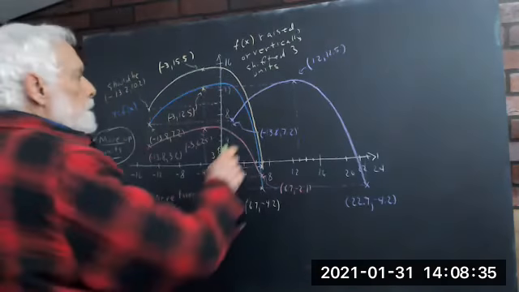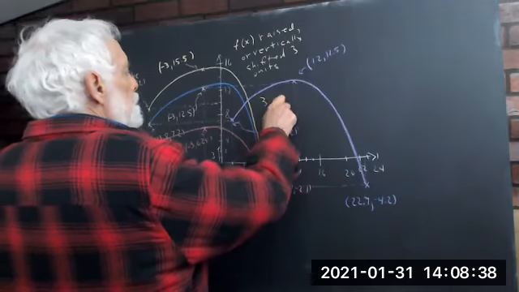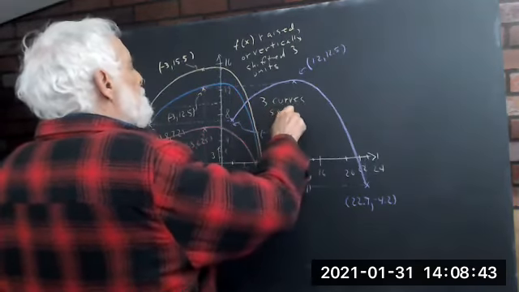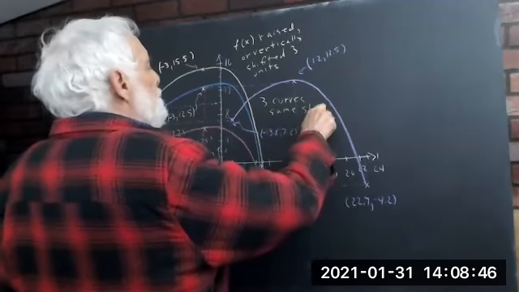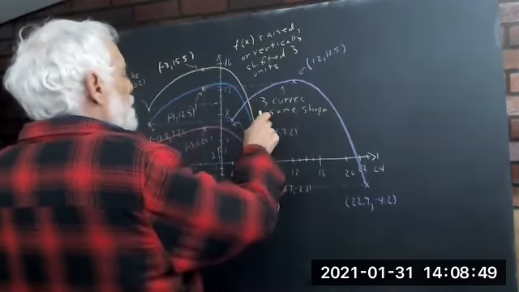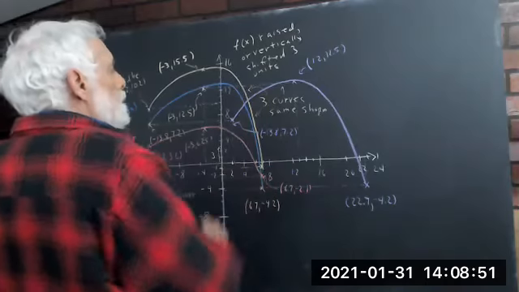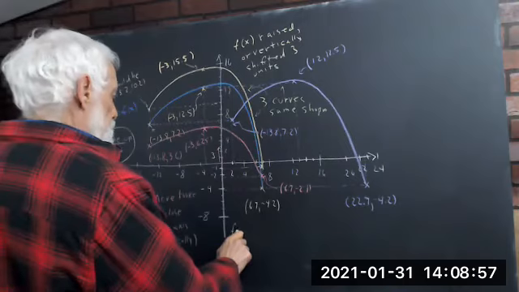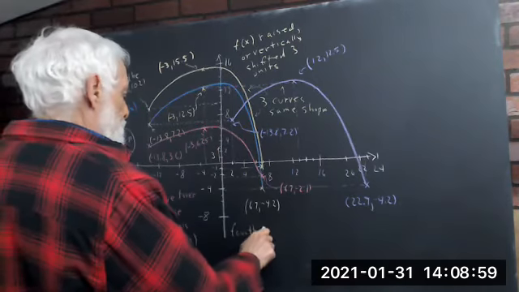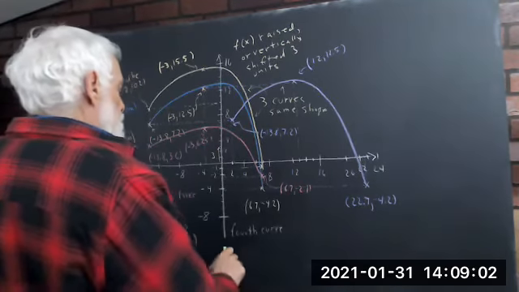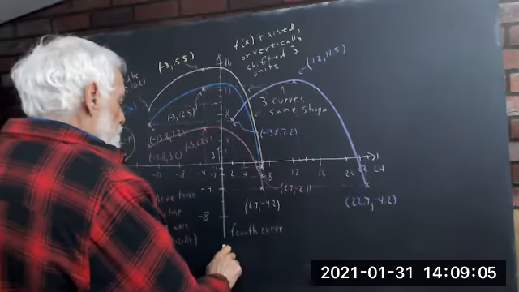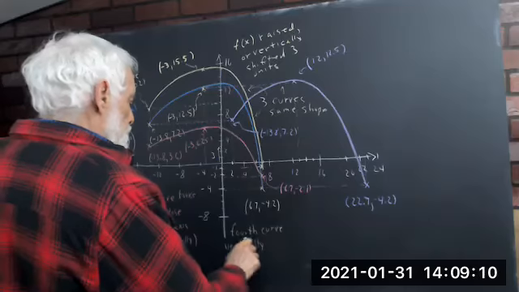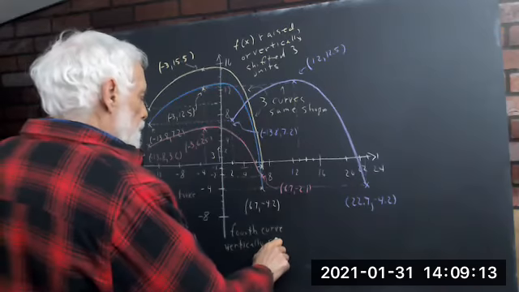Okay. So we have 3 curves here, same shape. And then we have a 4th curve. Like I said, that's vertically squashed down.